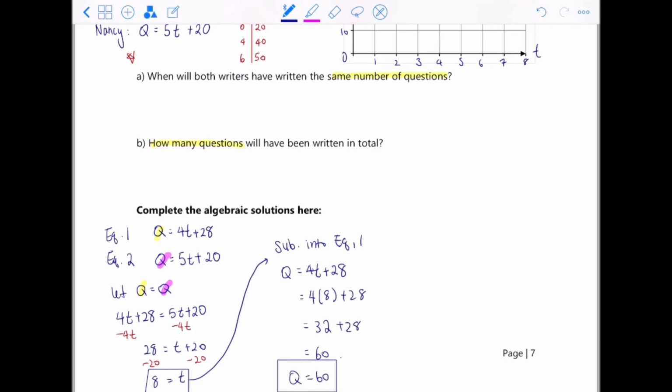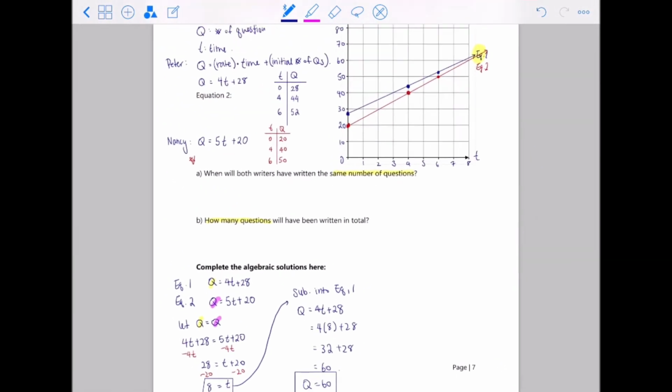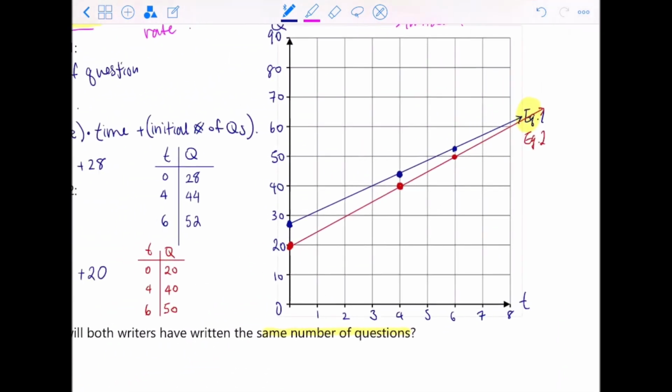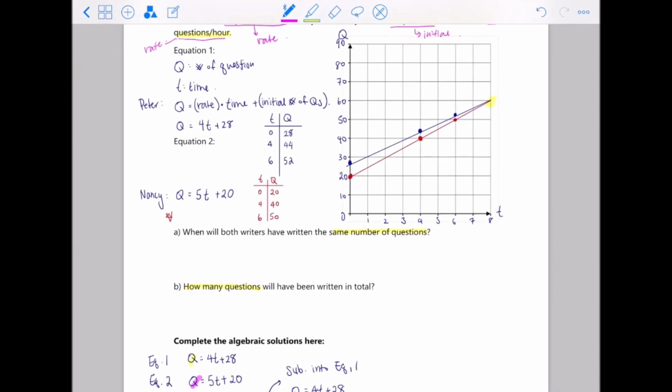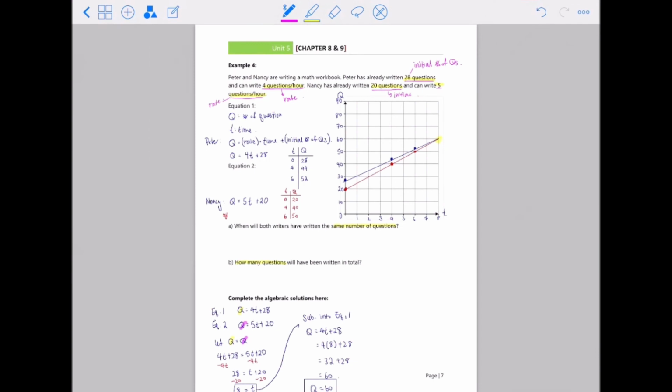Okay, let's double check our graph again. T equals 8. Maybe if I shift my blue graph a bit. All right, so our intersection should have been right here. We weren't able to approximate it because on our graph, we just couldn't see the intersection. But here we can confirm there should have been an intersection.